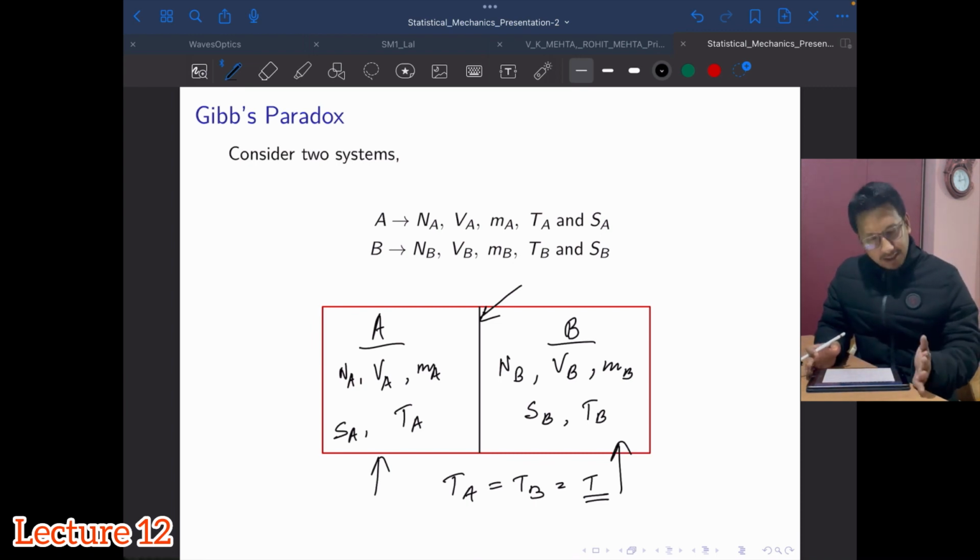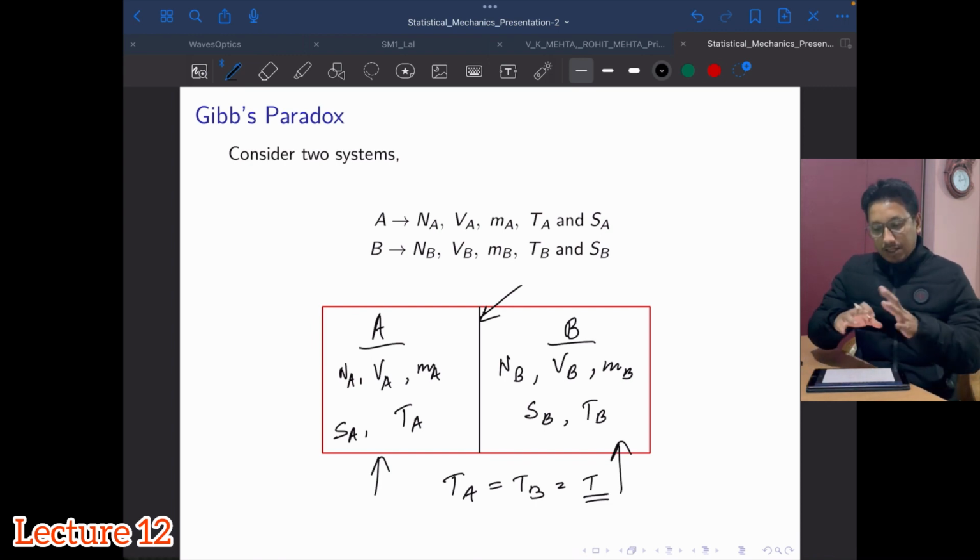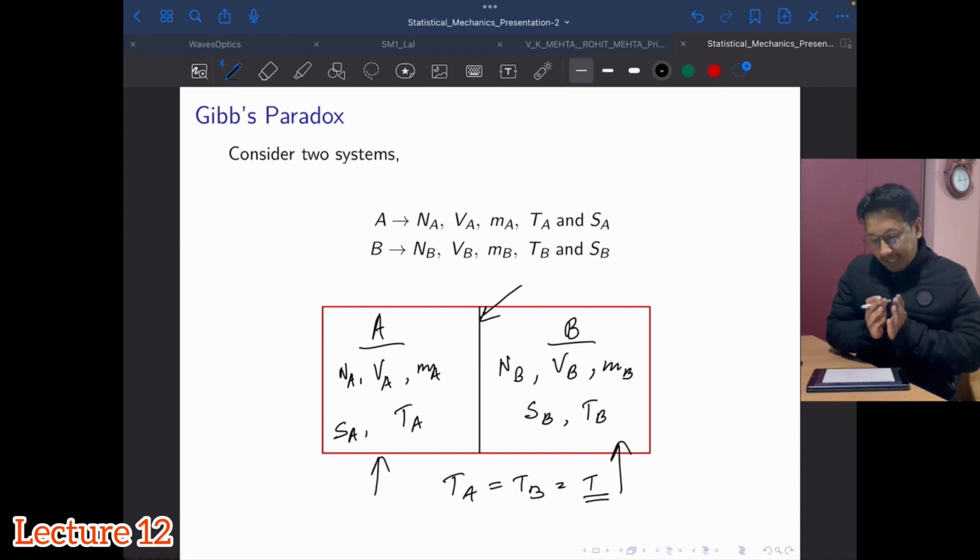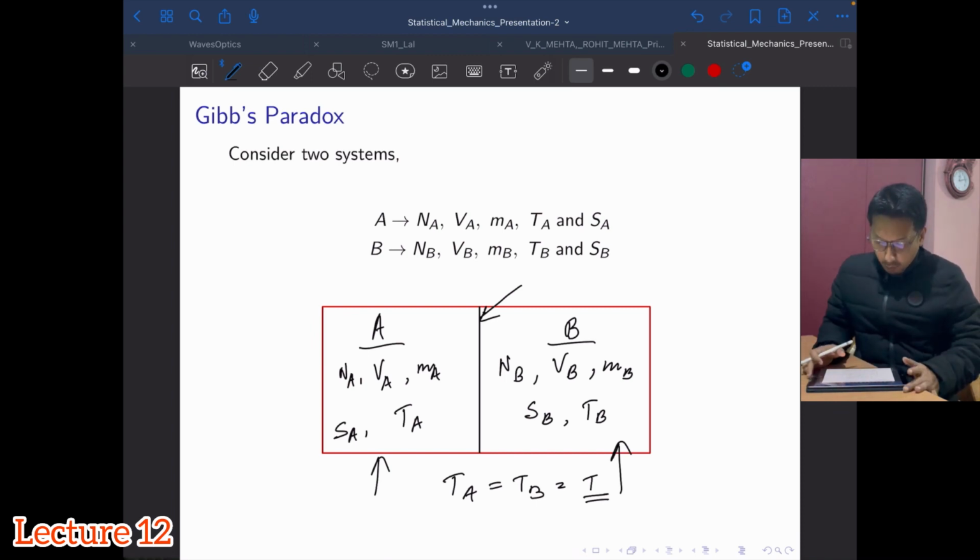Since entropy is an extensive quantity, what will happen if I remove the partition is that both systems get mixed up and become a single system, and I will try to see what happens to the total entropy. Ideally, the entropy of system A plus the entropy of system B must give you the total entropy, the entropy of the combined system. Let's see what happens.